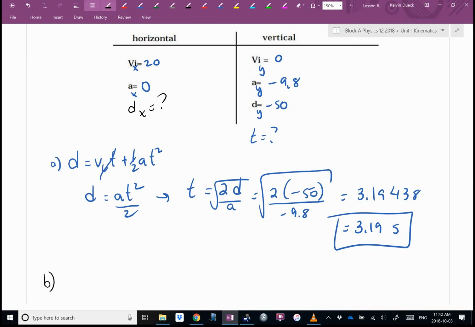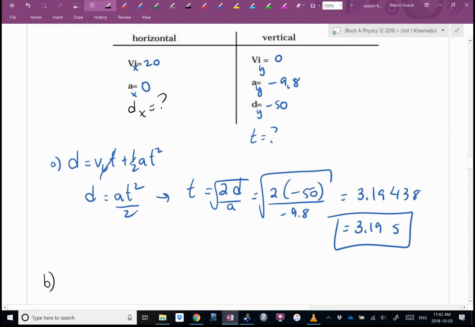Wait, Mr. Dueck. How many things do I know in the horizontal column right now? I thought you said I know I need 3 to find the fourth, and I don't know 3. Or do I? What? Are you telling me that I can also put that time in that column as well?